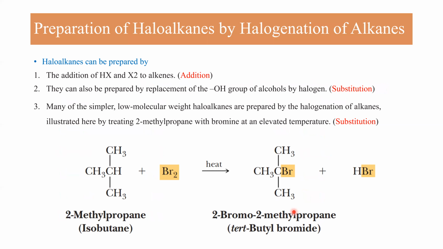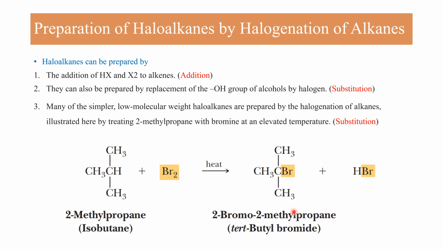Now the preparation of haloalkanes by halogenation of alkanes. So I will tell you how you can prepare the haloalkanes or the alkyl halides in different ways. A very straightforward, simple way for the preparation of the alkyl halide is through addition reactions, where we can treat any alkene which has a double bond and react it with HX or a halogen.